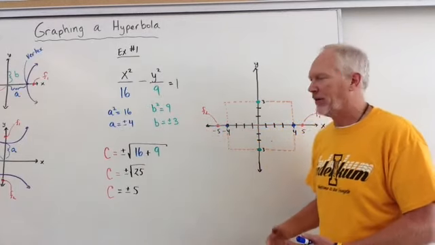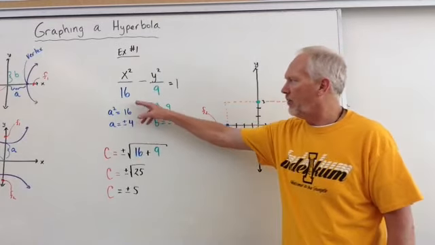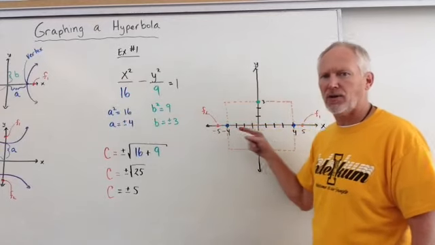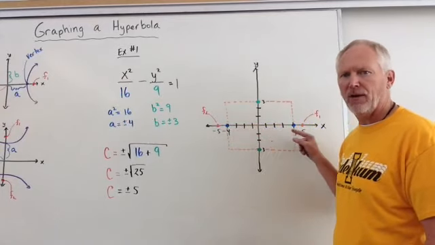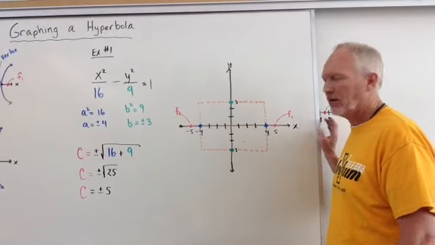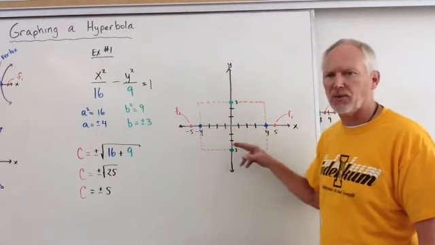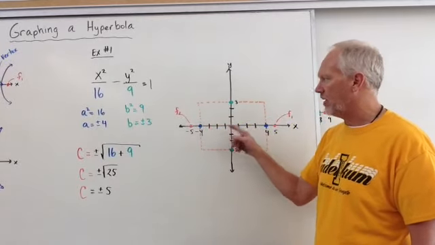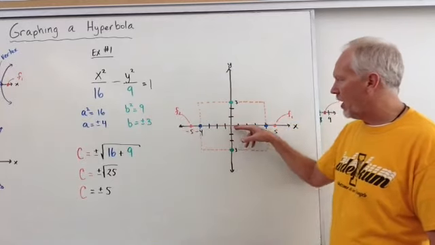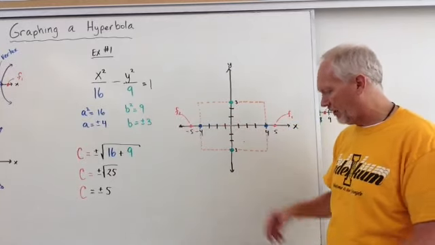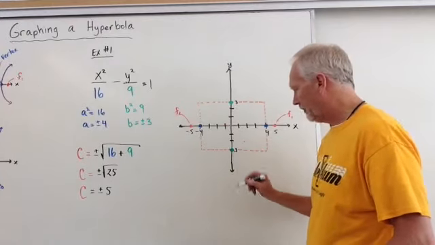So when I go to graph this, the a is under the x category, so I go out 4 units left and 4 units to the right. I put those dots in blue because that's my major axis here. And then my y value is up 3 and down 3, negative 3 here. The negative got cut off there, but that's supposed to be negative 3.